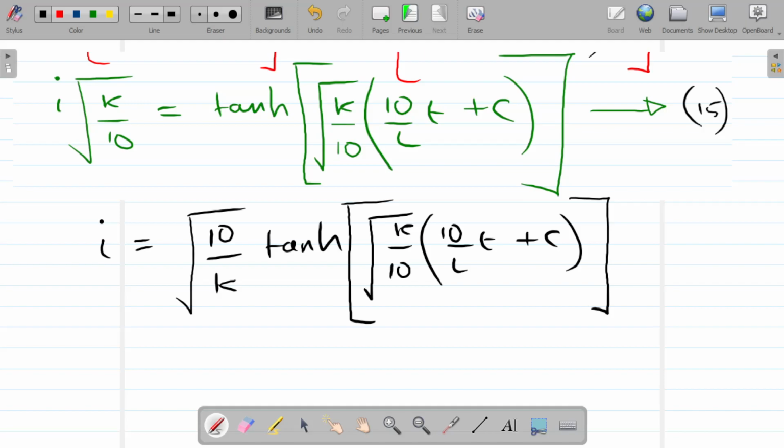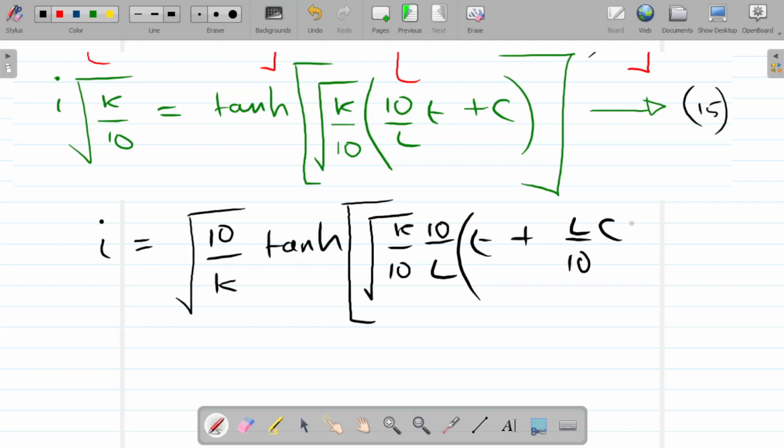You could actually simplify that further. So in actual fact, you could take the 10, where's my pointer? You could take this outside the brackets. So what you're left with there is 10 over L times T plus L over 10 times C. So this is perhaps a little tidier.